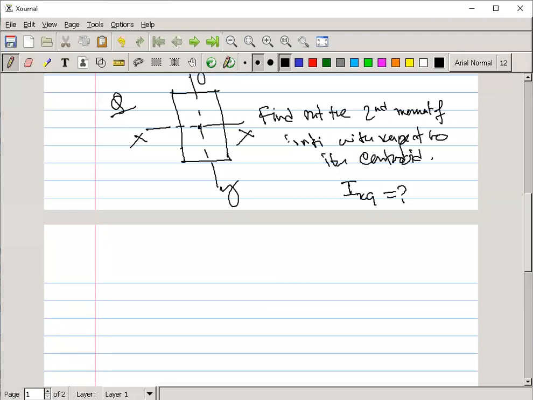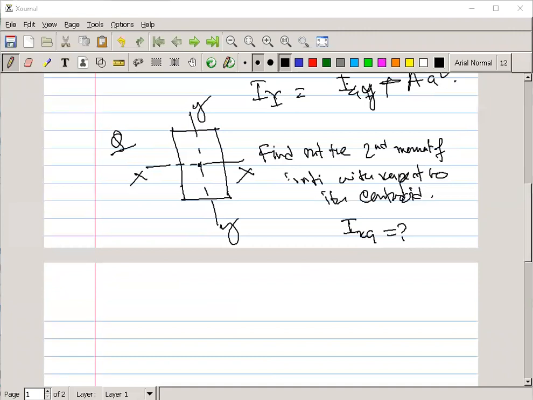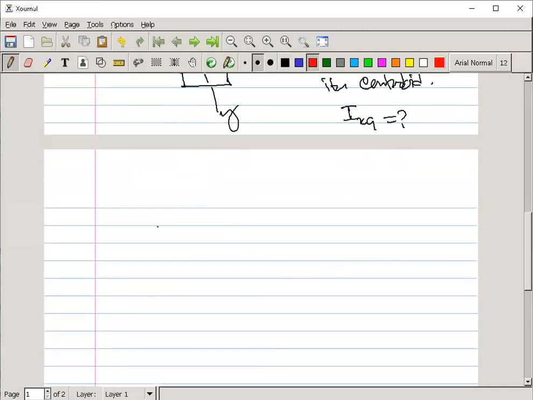Okay, so let's draw this one. Sorry for my bad drawing here. This is a rectangle. So if this is your centroidal point, take a small elementary area, this one.